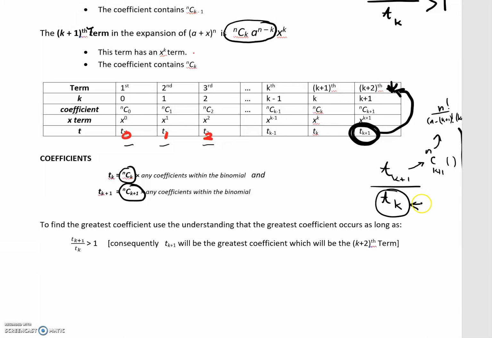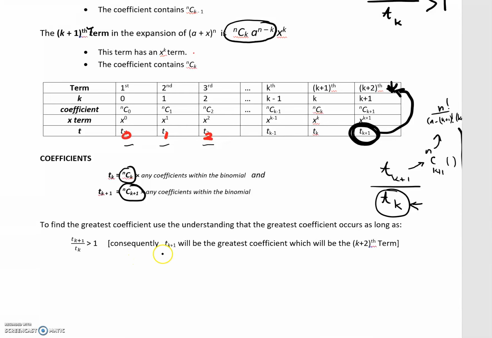So most questions just get you firstly to focus on working out the simplified version of the coefficient k plus 1 over coefficient k. And yes, I will do an actual example in another video because the video will get too long again.